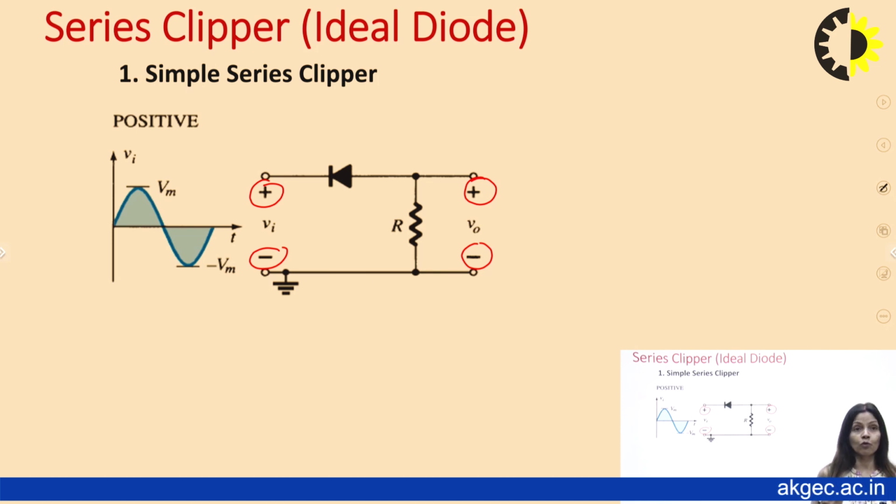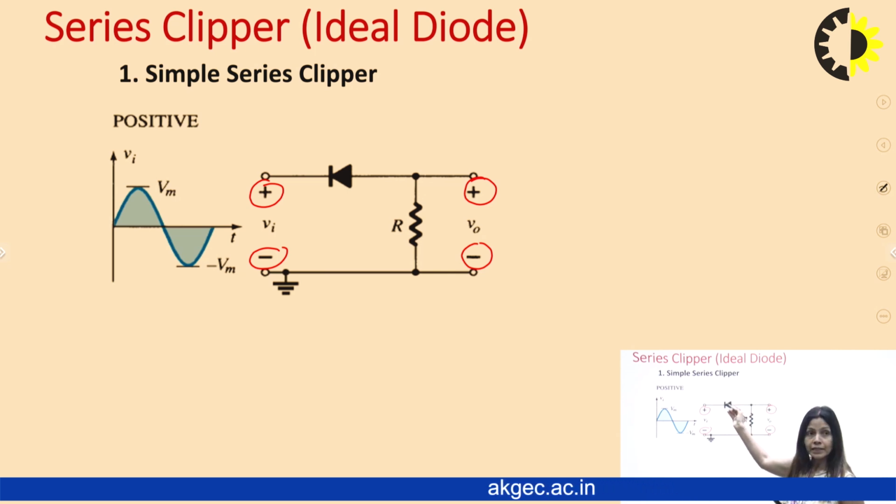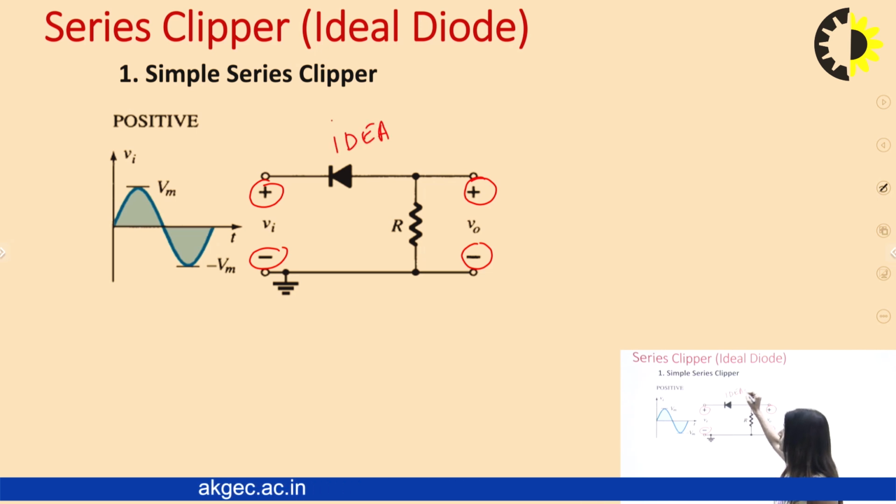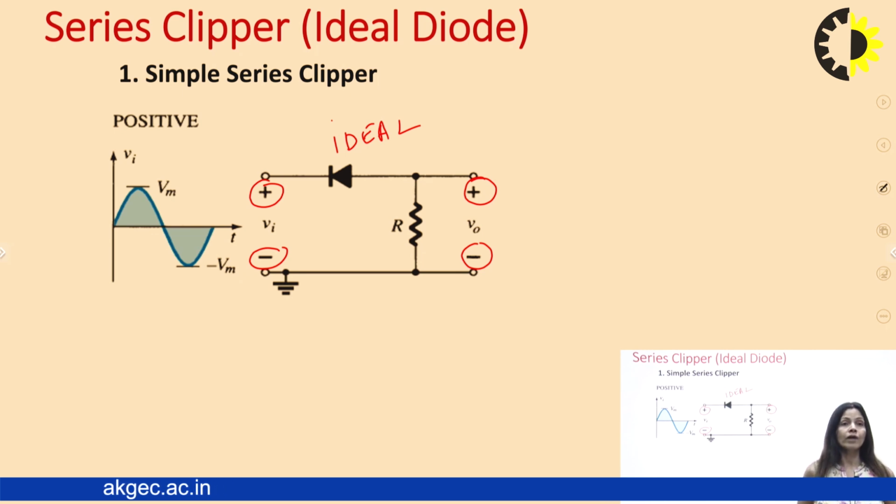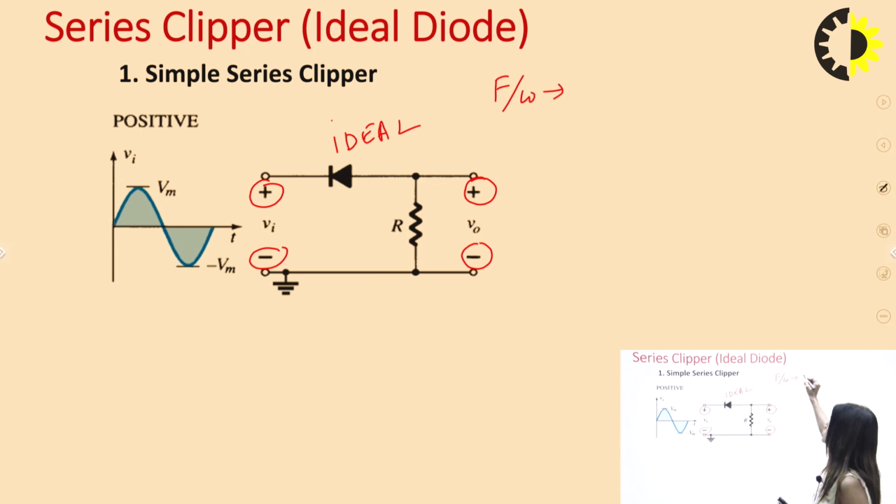In this case, there is no silicon or germanium written, so I will consider this diode as an ideal diode. The characteristics of an ideal diode: whenever it is forward biased, it acts as a short circuit.